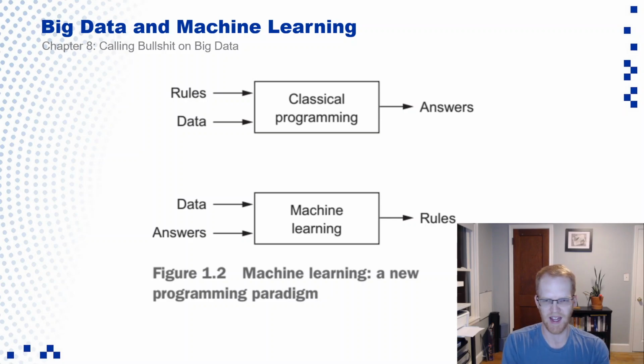And so then we have to make sure that we are doing analysis after the machine learning to figure out what the actual rules are that are at play here. What is that path from inputs to outputs? And is it a fair path, or was there something missing from the data and answers that we gave it that would lead it to produce rules that we are not okay with and don't want to implement?